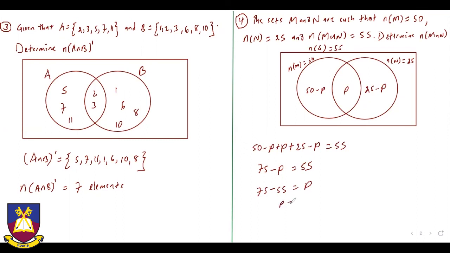You realize that p is equal to 20. So the number of M intersection N, which is p, is 20 elements. 20 elements.